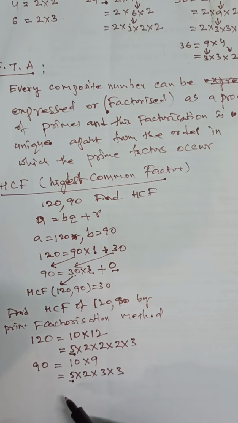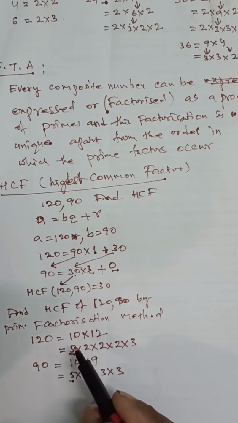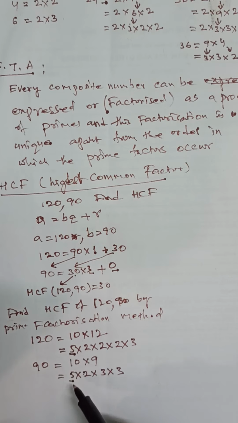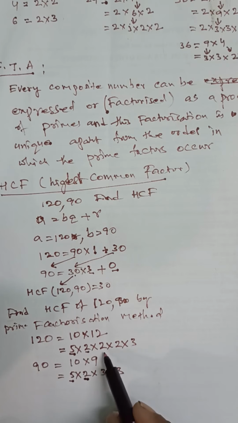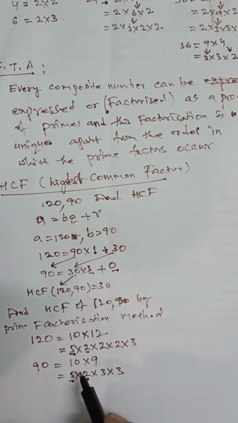Next, 2 is a factor here, but there is no other 2 in 90. So 2 is a common factor. Select the common factors 5 and 2.